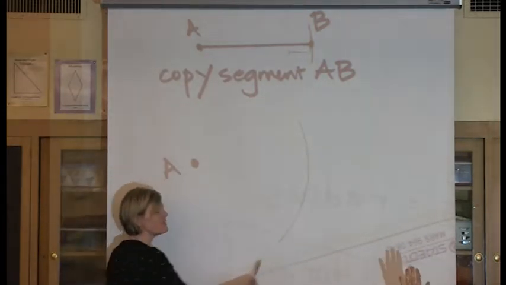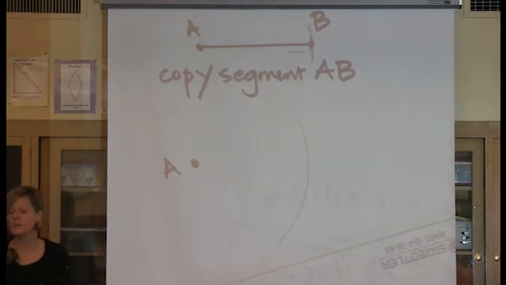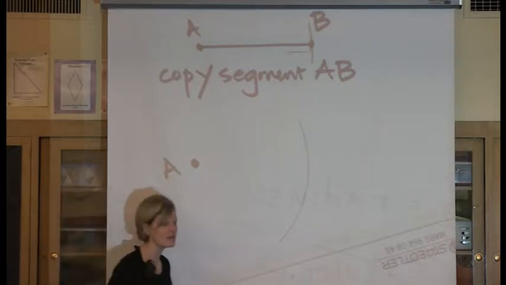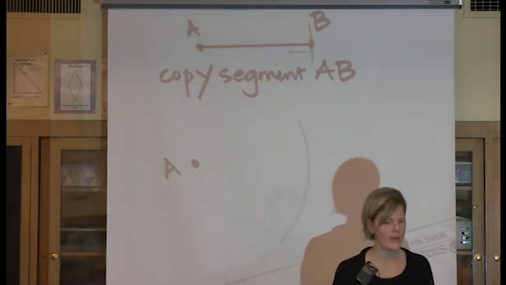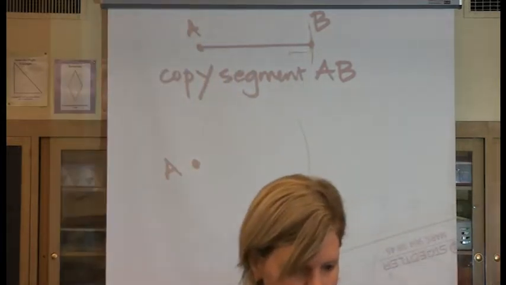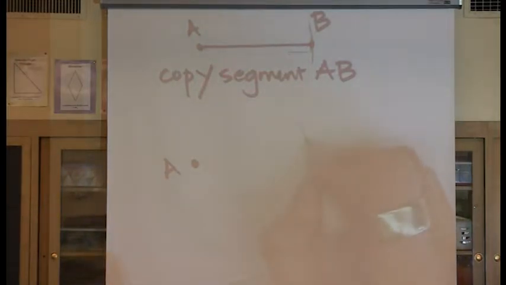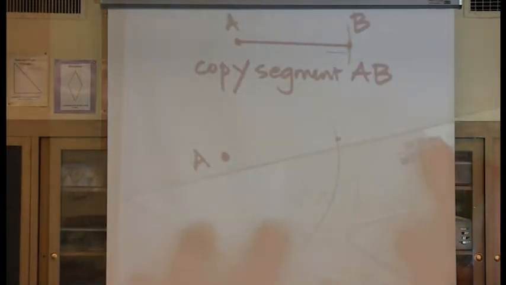So if my radius is the same, it doesn't matter where I choose. Pick a point on your arc, make a dot, call it B. It doesn't matter where on the arc. The radius is the same.